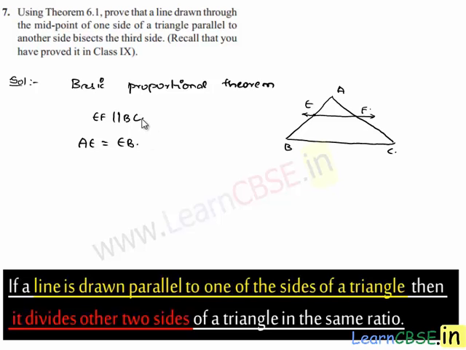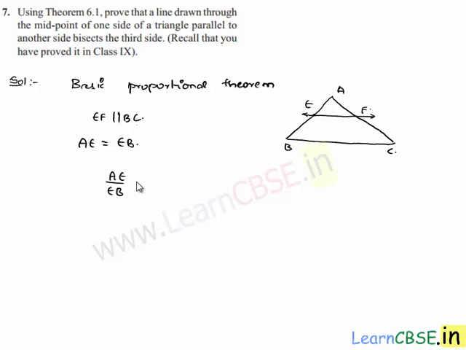Now from the basic proportionality theorem, if EF is parallel to BC, we can say that AE by EB is equal to AF by FC, and we know that AE is equal to EB. Substituting EB for AE, we get EB by EB is equal to AF by FC, which implies AF by FC is equal to 1, as numerator and denominator cancel, which implies AF is equal to FC.